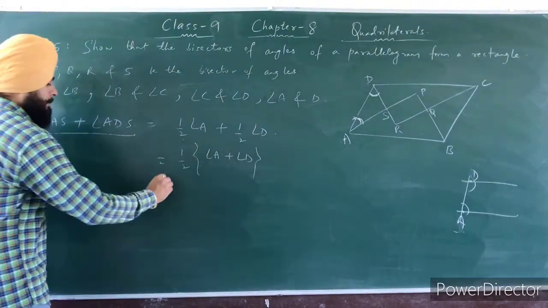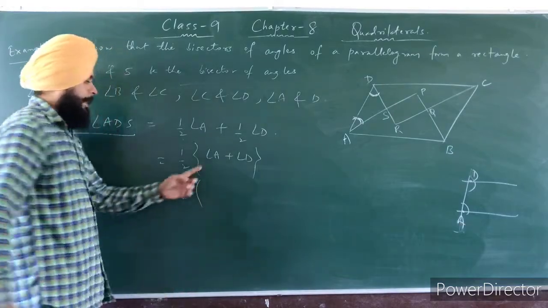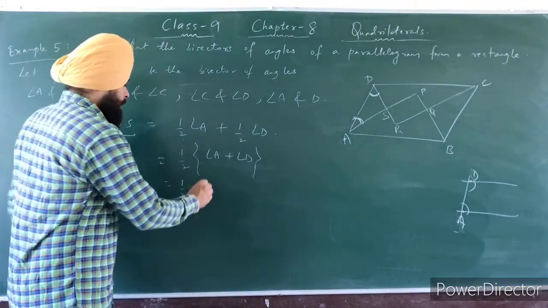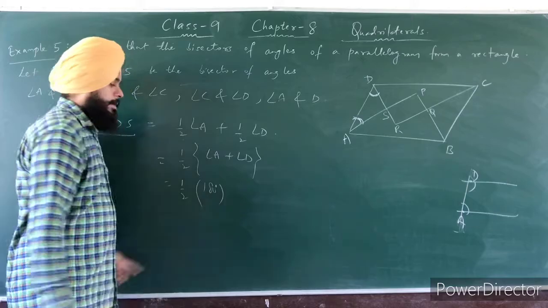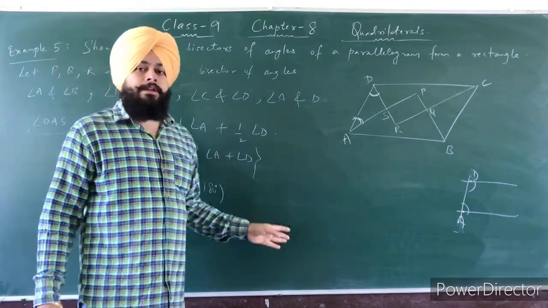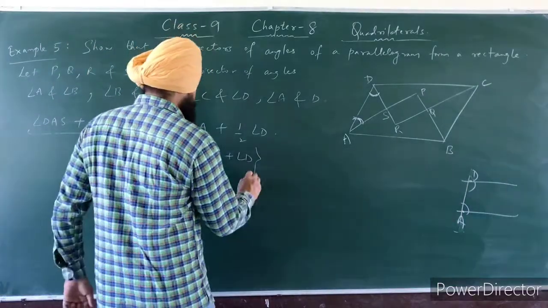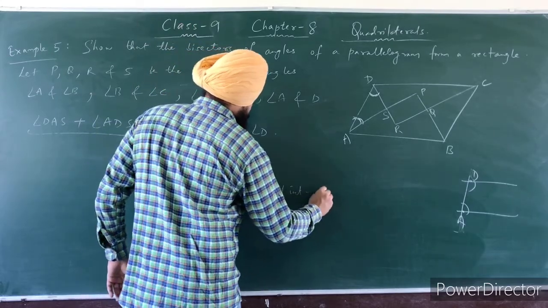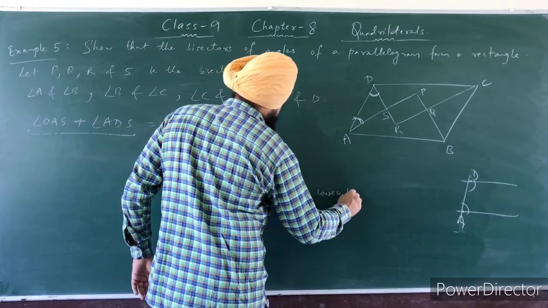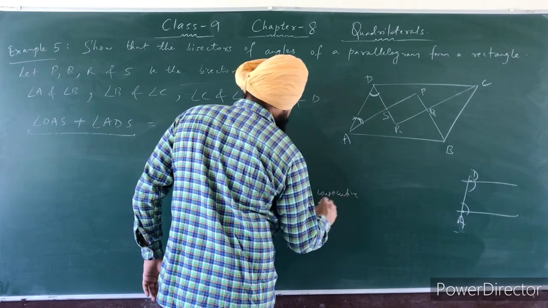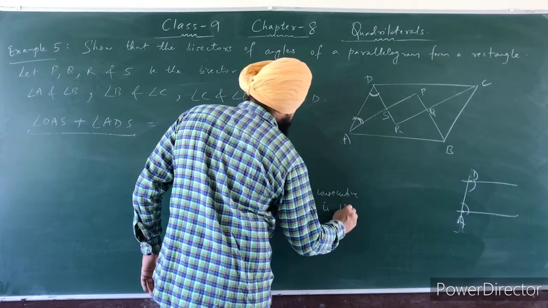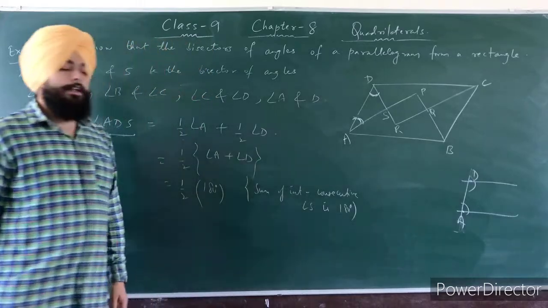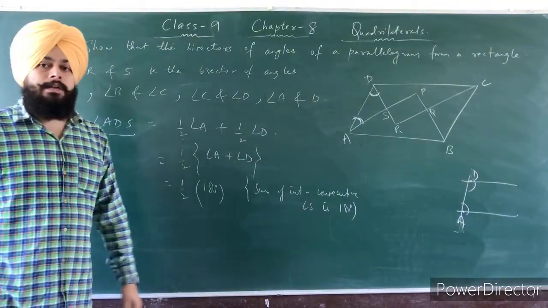So you can write here half of angle A plus angle D is equal to 180 degree. What is the reason? Sum of interior consecutive angles is 180 degree.